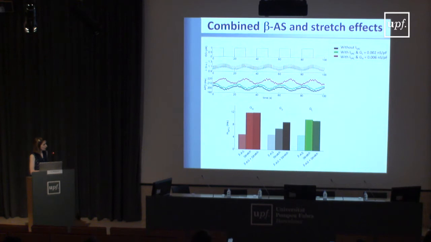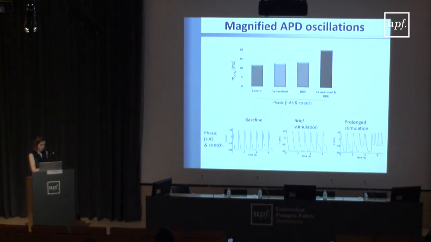So here is the effect of the beta-adrenergic stimulation, of the stretch, and of the combination of the two. These other graphics that you see here in color are when we include stretch-activated channels as well. And importantly, what we saw is that these oscillations in the action potential duration occurred in control, but also when we simulated different disease conditions like calcium overload or reduced repolarization reserve.